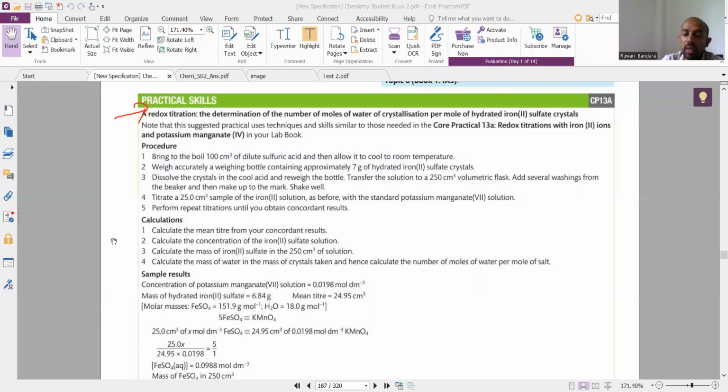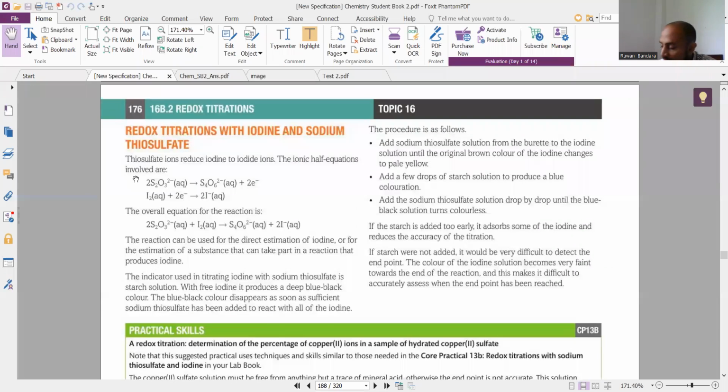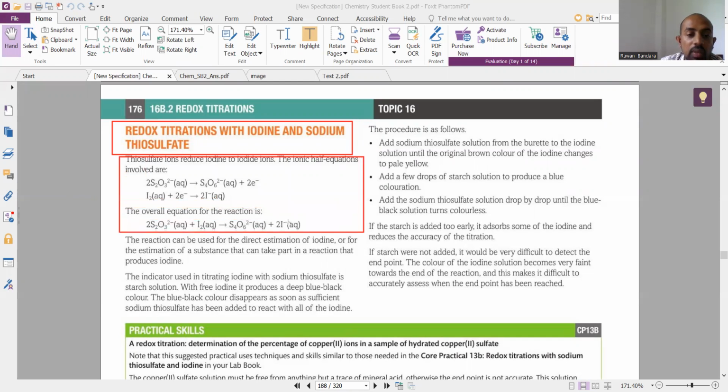So all the titration with MnO4 is done. Now the next topic is redox titration with iodine and sodium thiosulphate. This is the topic. And these are the two main equations, and this is the final equation. Just copy this one.